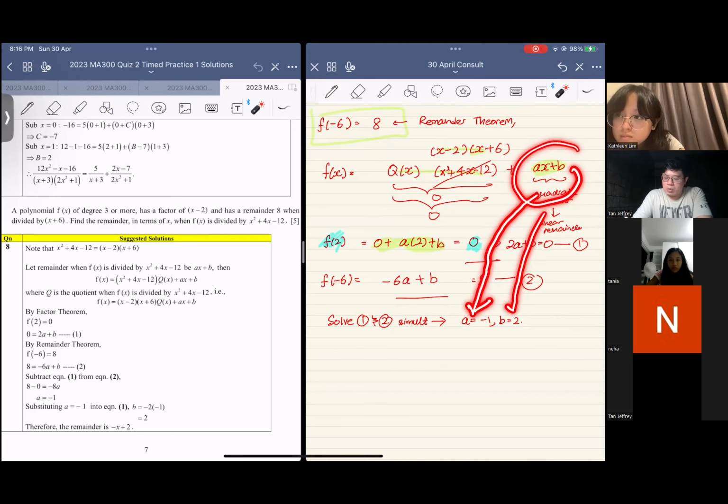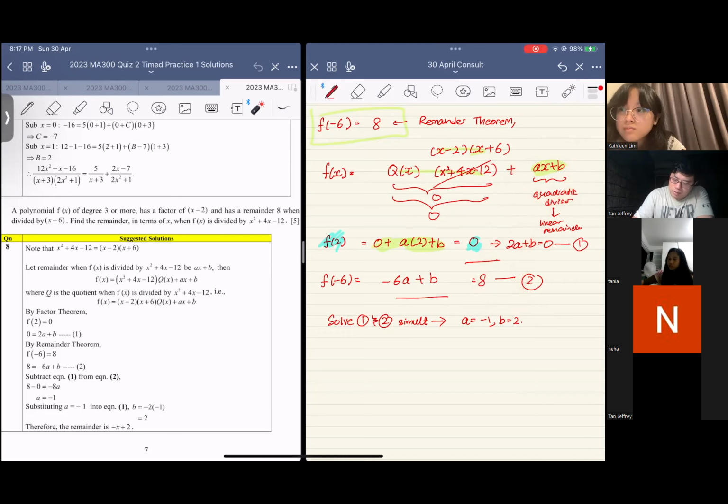So a equals -1 and b equals 2 represent the coefficients of the remainder. Therefore, the remainder is equal to -x plus 2. Okay, and with that, I'm done for this question.